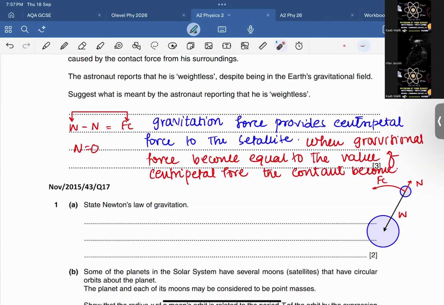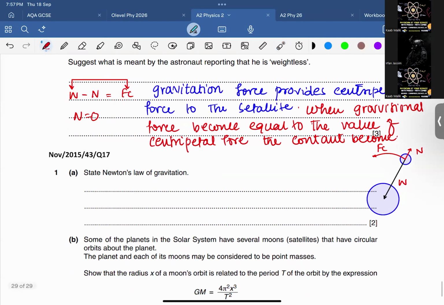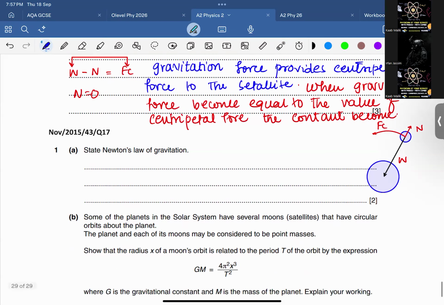Because if this and this have the same value, they both cancel out and N goes to zero, right? And we know that N is basically what causes the weight sensation.